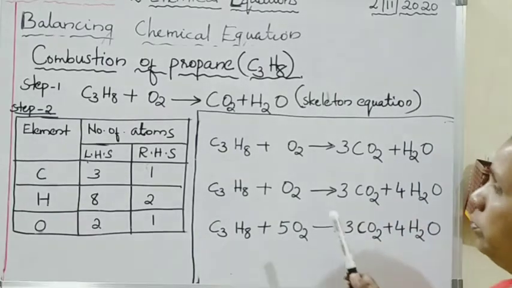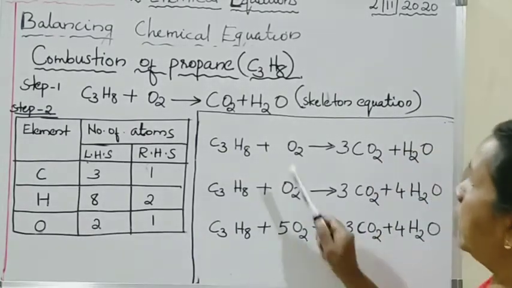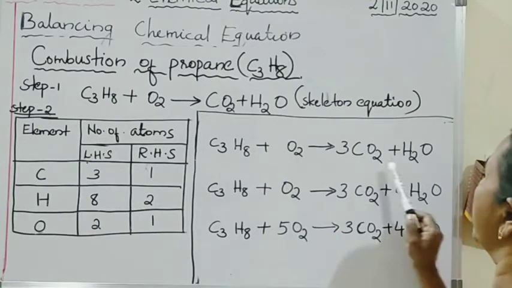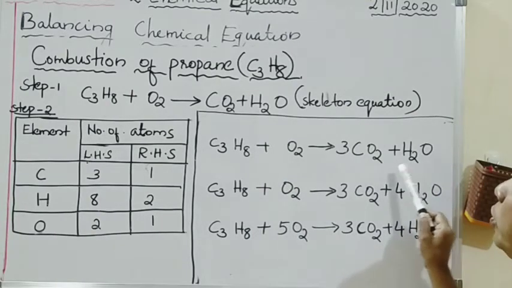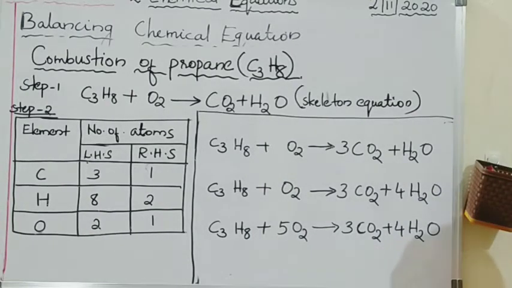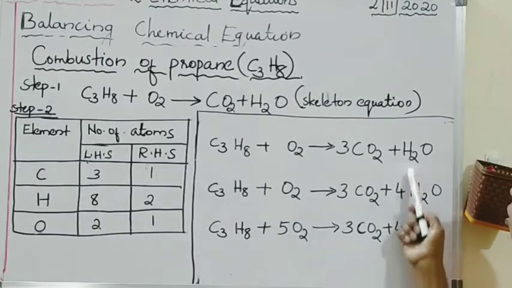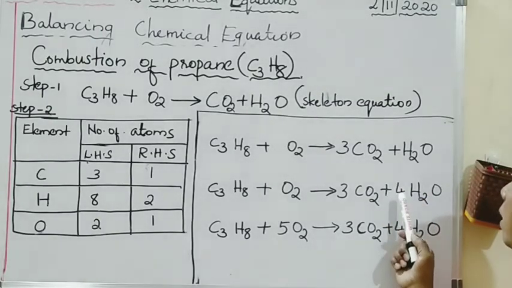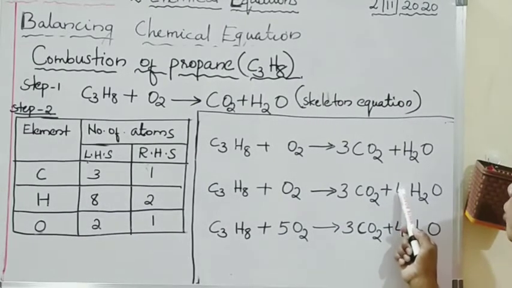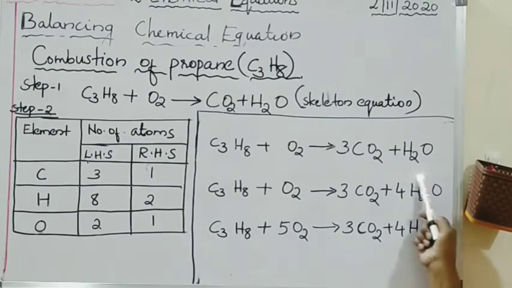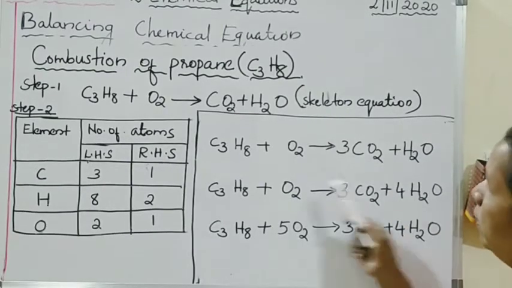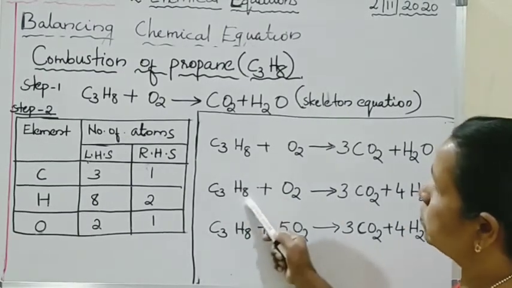Next we go to hydrogen. Hydrogen in the LHS is 8, but in the RHS only 2. Keeping 2 means we want 8 to come here. Therefore, as the next step, we keep 4 as the coefficient on the RHS, then 4 twos are 8. 8 hydrogen atoms are there here, and here also 8 hydrogen atoms are there.